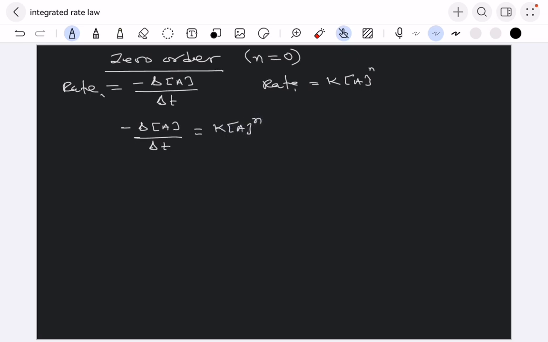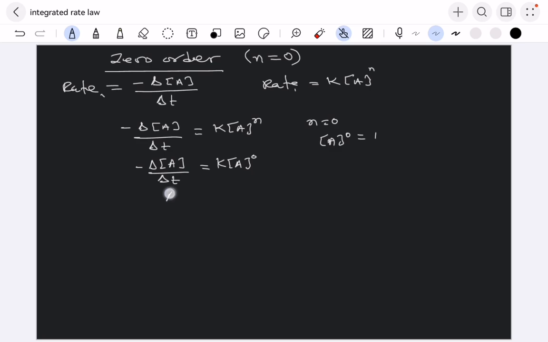When we say zero order, our n is equal to 0. So by substituting 0 in this formula, we have negative change in A over change in time equals k[A]^0. Then we know that anything raised to the power 0 is 1.